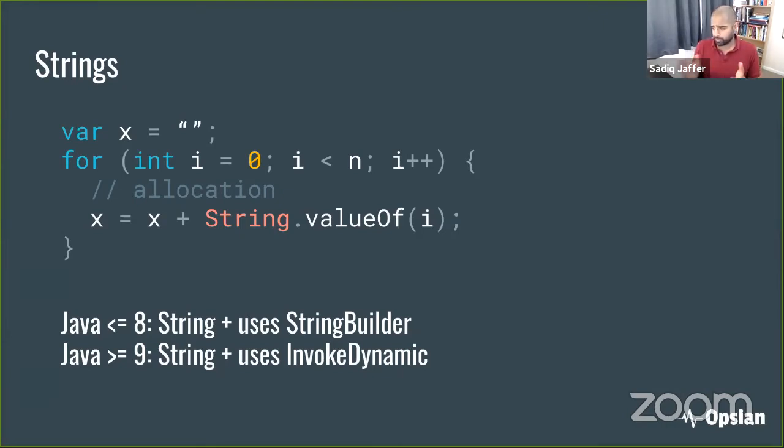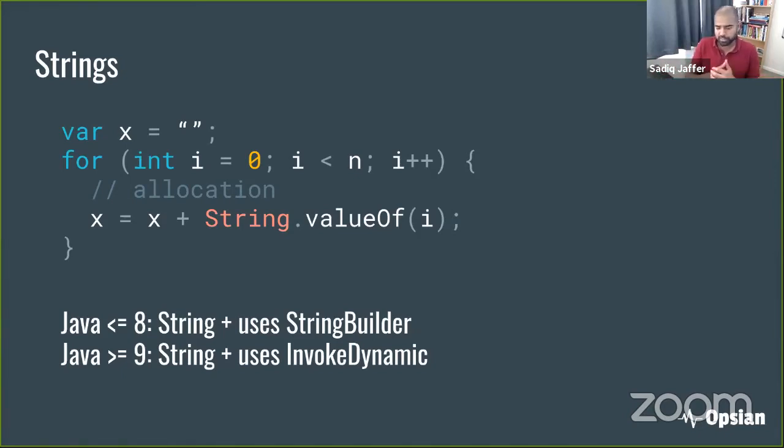If you look at this bit of code here in Java 8 or earlier, the compiler transforms this into a string builder, where we allocate a string builder on every iteration, and then we append the value of x, we append string.valueOf(i), and then we do toString at the end, which we then assign into x.